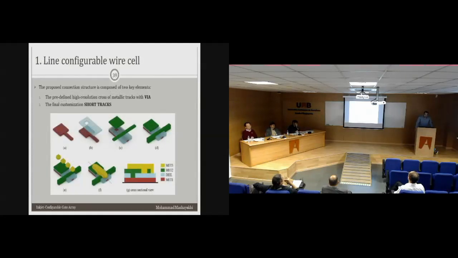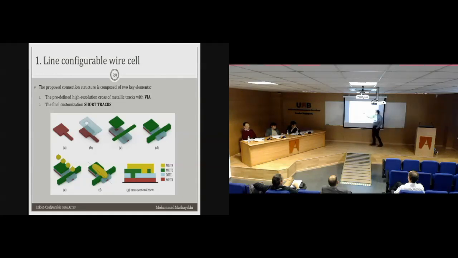The first proposed approach is line configurable. The connection structure is composed of 2 key elements: predefined high-resolution cross of metallic tracks with via, and the final customization short track. So the idea is to connect those horizontal and vertical isolated metal layers together.